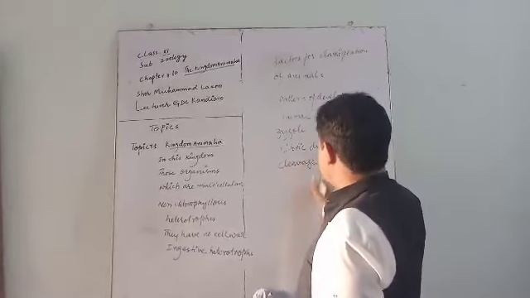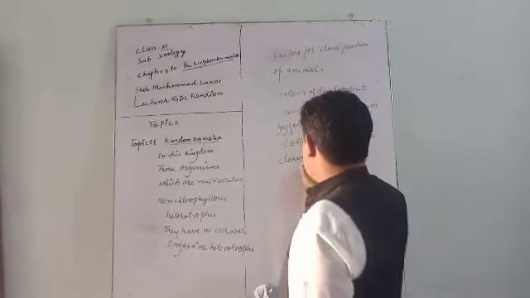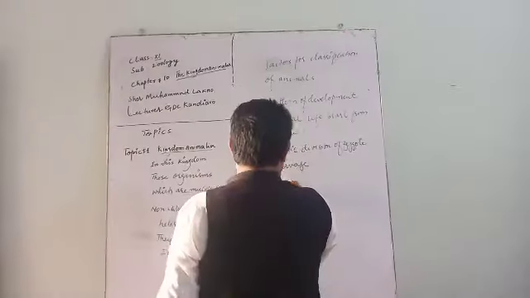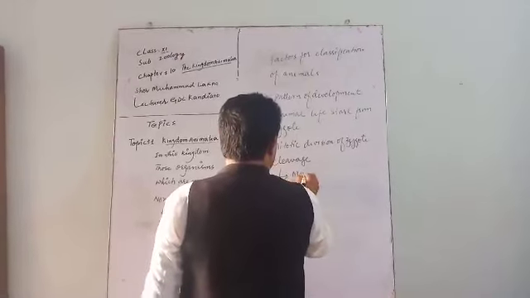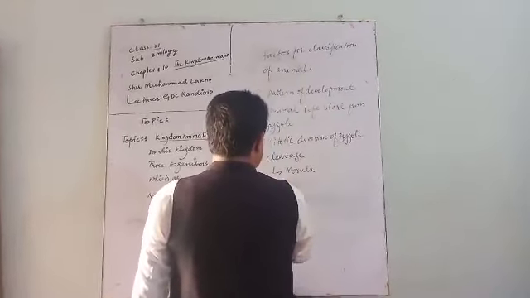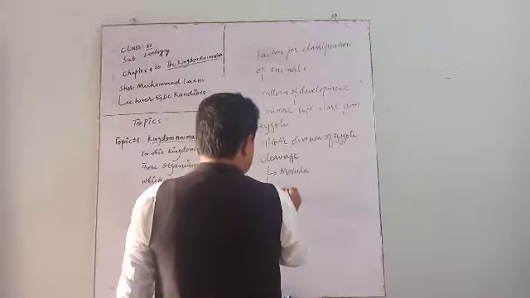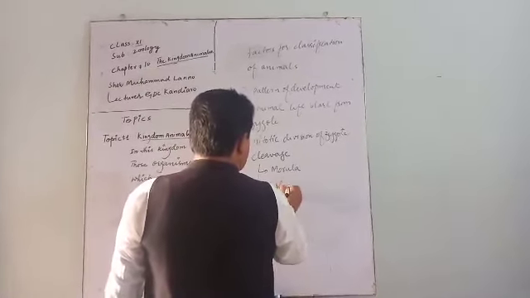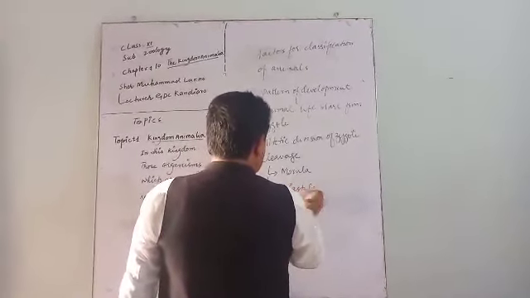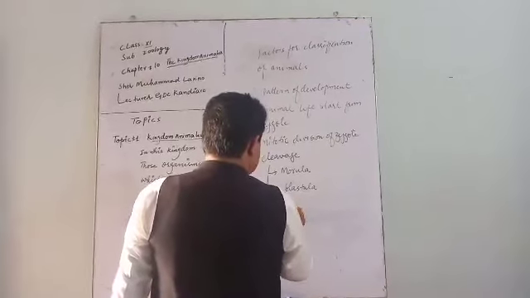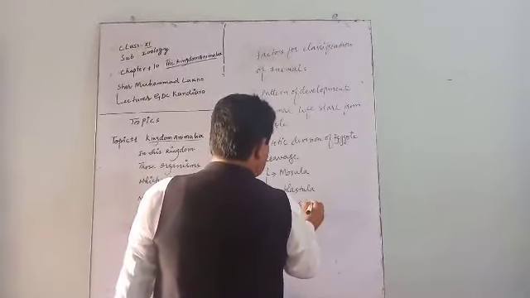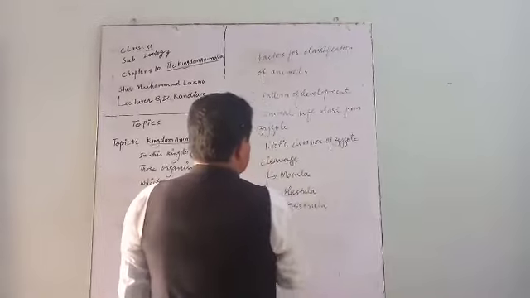There are the following stages of cleavage. Number one is morula, in which ball-like structures are formed. Number two, blastula. Number three, gastrula, in which germ layers are formed.